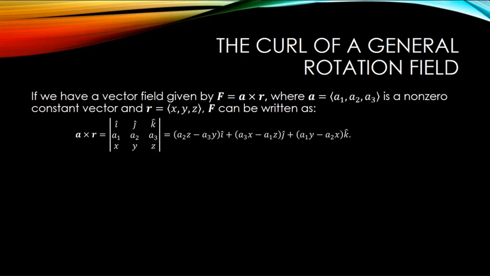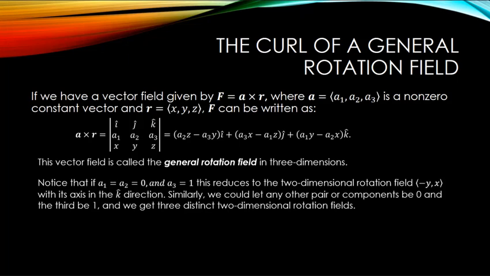F can be written as A cross r, which is equal to the determinant of a 3x3 matrix, where my matrix is populated in the first row by i hat, j hat, k hat, in the second row by a sub 1, a sub 2, a sub 3, and in the third row by x, y, z, and my determinant becomes a sub 2 z minus a sub 3 y in the i hat direction, plus a sub 3 x minus a sub 1 z in the j hat direction, plus a sub 1 y minus a sub 2 x in the k hat direction. This vector field is called the general rotation field in 3 dimensions.